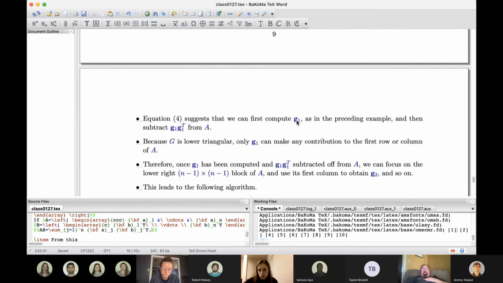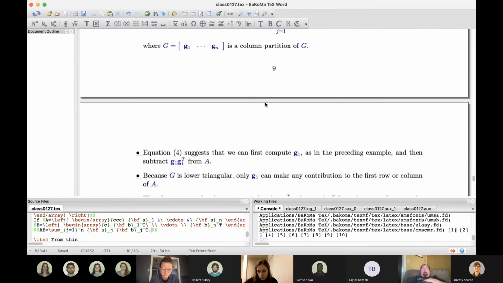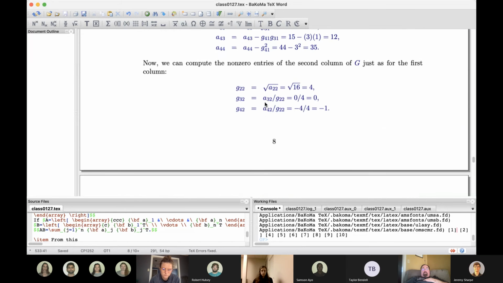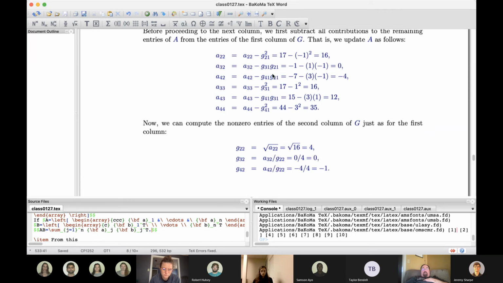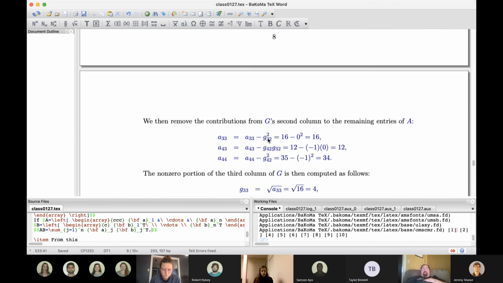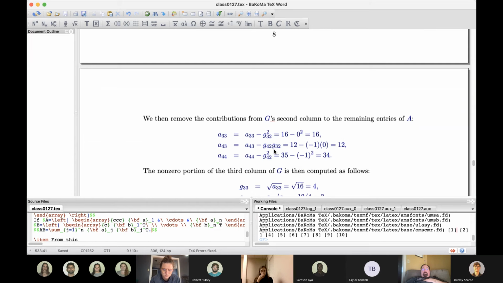What I do is compute the first column of G right off the bat, and then subtract G_1 G_1 transpose from A. In the algorithm, I'll show you from the example, all the contributions of the first column of G to A come out here. Here I'm subtracting G_2 G_2 transpose from A.